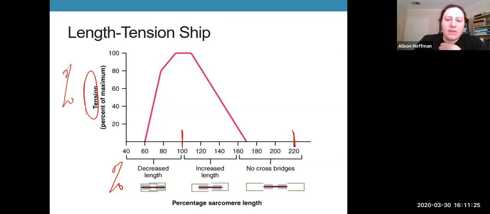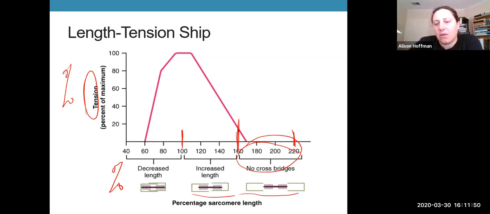So you can see that if we stretch a sarcomere out, we can't get to 200%. We can't double the length of a sarcomere. We lose all overlap and we can't form cross bridges, okay? So we have to get below about 150% length of the sarcomere, and you can see they're showing you the overlap down here, before there's any overlap at all.